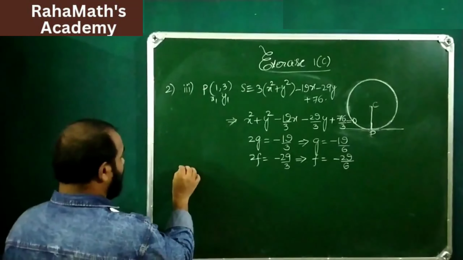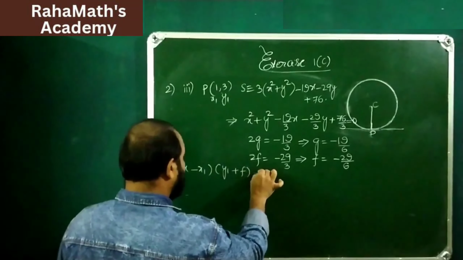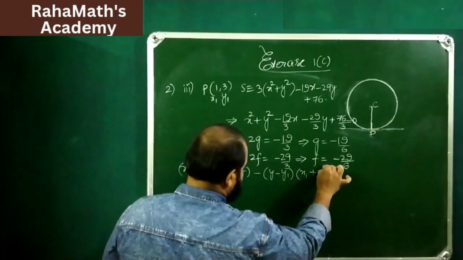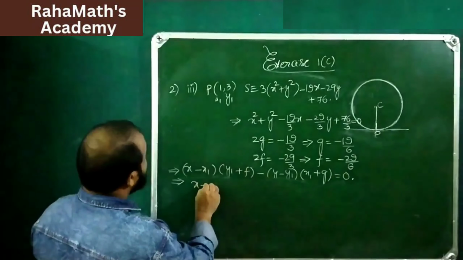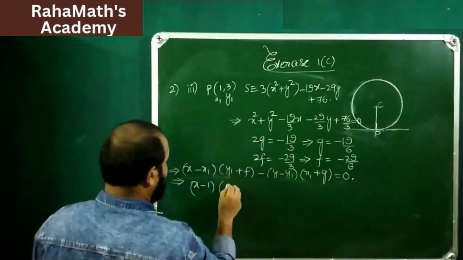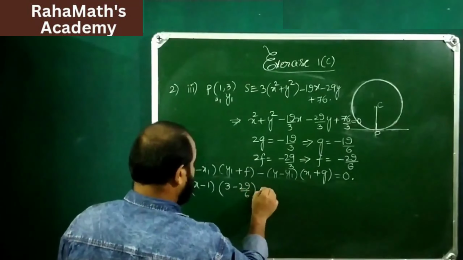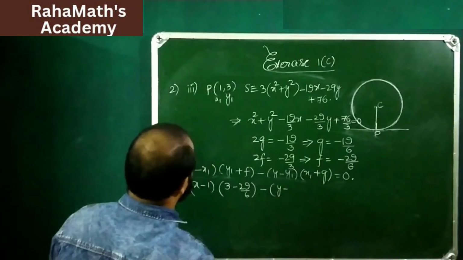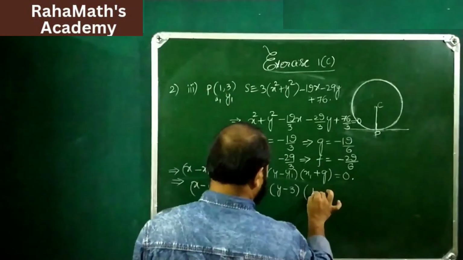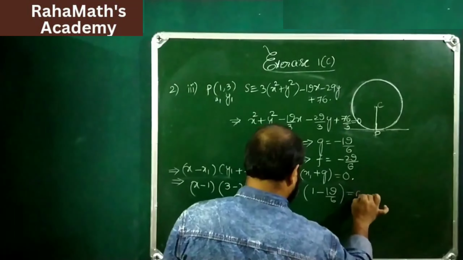So the equation of the normal is (x minus x1) into (y1 plus f) minus (y minus y1) into (x1 plus g) equals 0. The x1 value is 1, y1 value is 3, f is minus 29 by 6, g value is minus 19 by 6, equals 0.